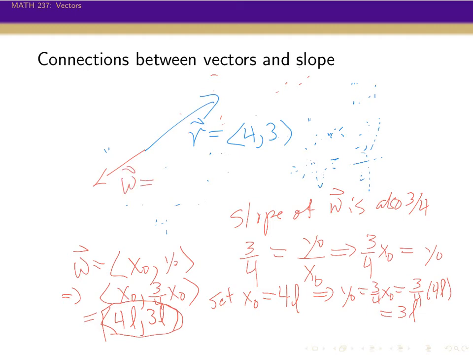We can do the same thing as before. The slope is still going to be the same. It's just that now they're going to be negative multiples of v. So it's still going to look like 4L, 3L for some L, but now L is going to be negative.